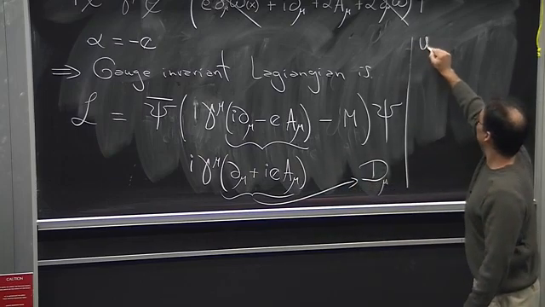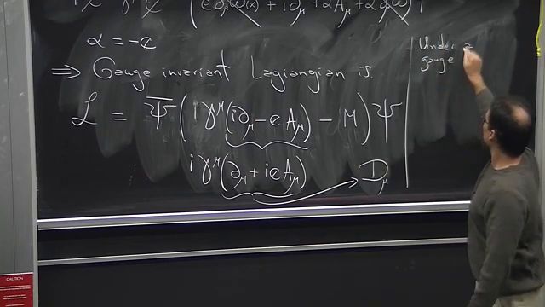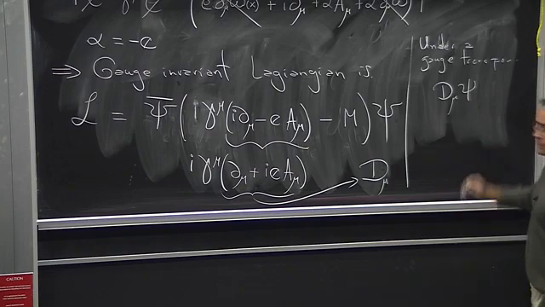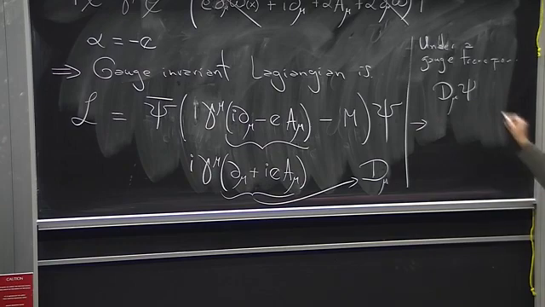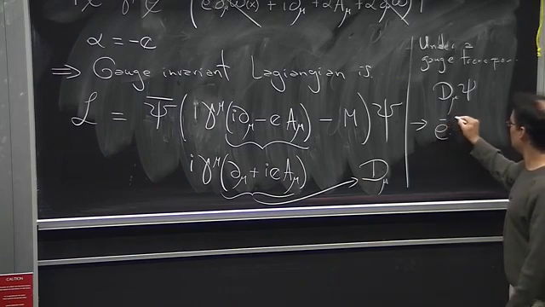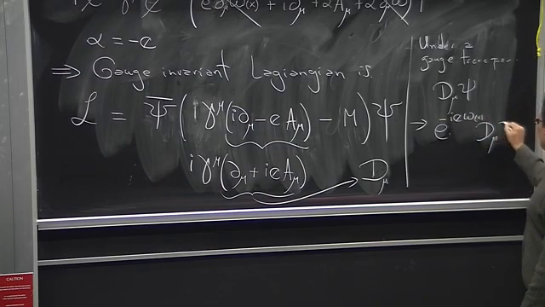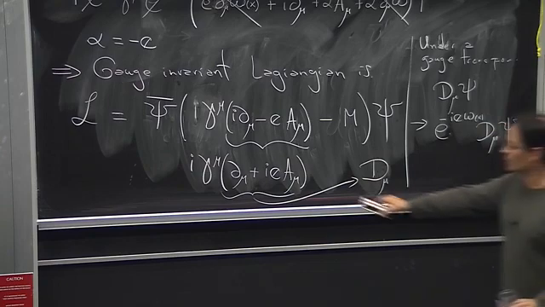So under a gauge transformation, D mu psi goes into what? What do you think? Exactly. E to the, what was our choice? Minus, okay? So it transforms covariantly under our gauge transformation, while the regular derivative did not.